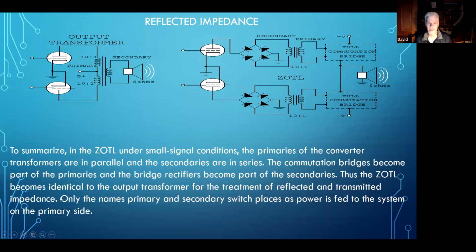Thus, the ZOTL becomes identical to the output transformer for the treatment of reflected and transmitted impedance. So that's the important thing to take home from this. Only the names primary and secondary switch places as power is fed into the system on the primary side.